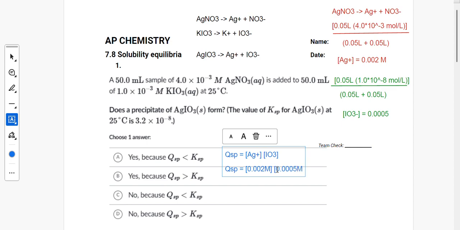That's a lot of zeros. We multiply these together, and my Qsp value comes out to, well, a little nervous, because it was several hours ago when I did these calculations initially. I just want to double check.